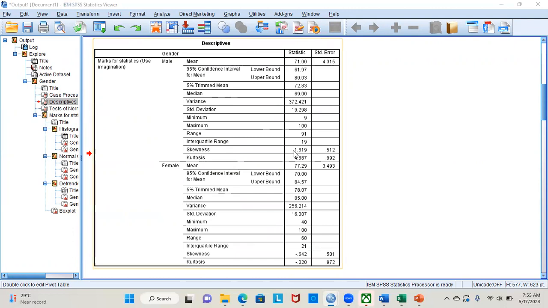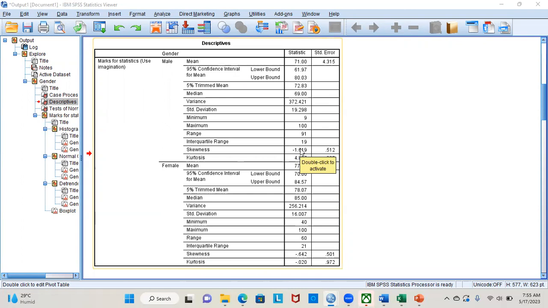Now you know, for a distribution to be normal, the skewness should be 0. If the skewness is 0, the distribution is normal. If the skewness is a positive value, then it is a positively skewed distribution. If the skewness is a negative value, it is a negatively skewed distribution.